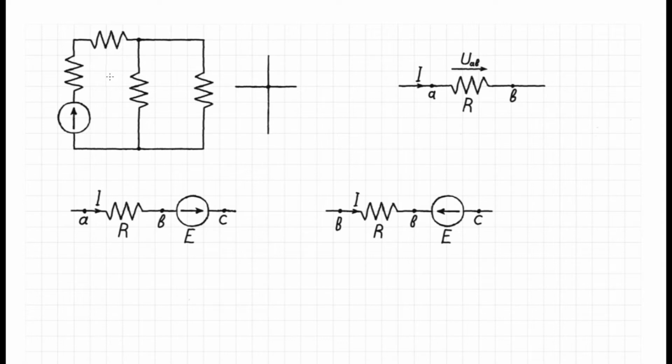Three branches of the circuit are connected to one another in one knot of the circuit. Okay, and remember, circuits can be branched and unbranched, this is important.